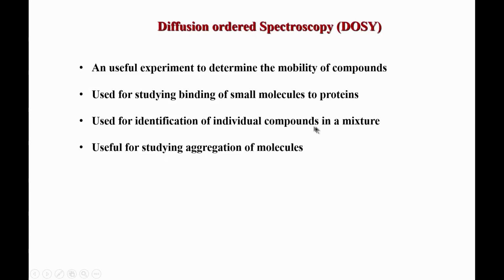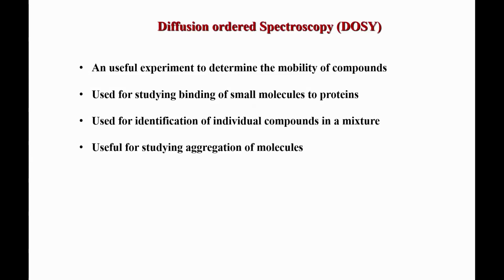So, the idea is that diffusion ordered spectroscopy tries to exploit the differences in molecular diffusion based on size. Therefore, if size is an important parameter, one can also use this approach for studying aggregation of molecules. Let us say your molecule is aggregating from a monomeric state to a dimeric state to a tetrameric state and so on.